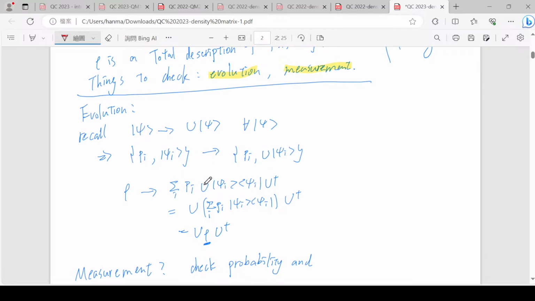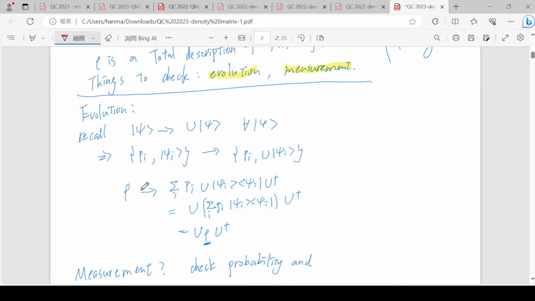The psi ket goes to u psi ket, and the psi bra should go to psi bra u dagger, because it should be the dagger of u psi.